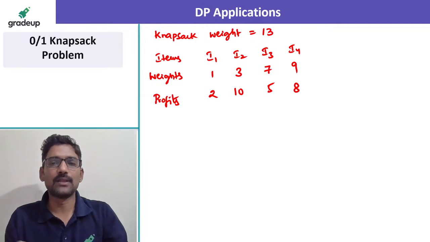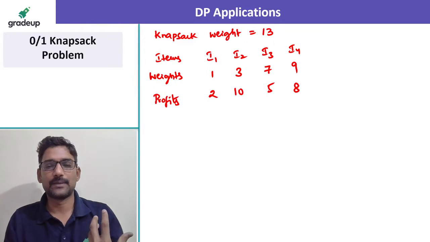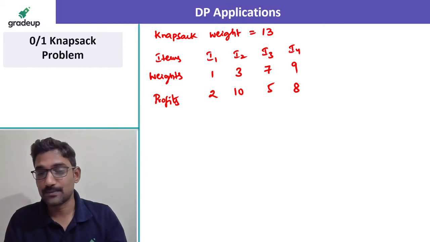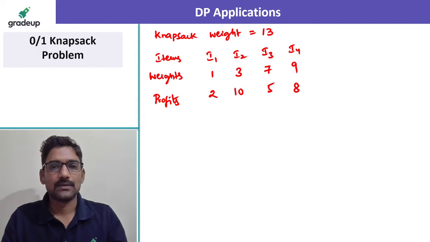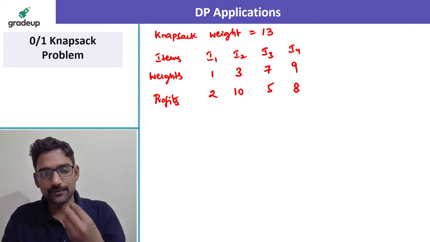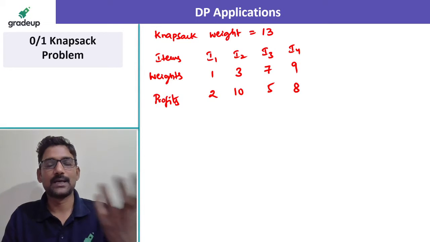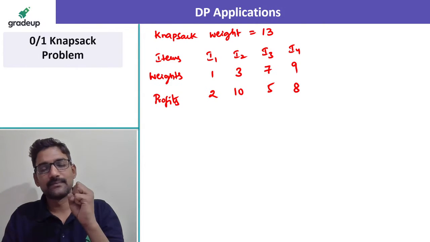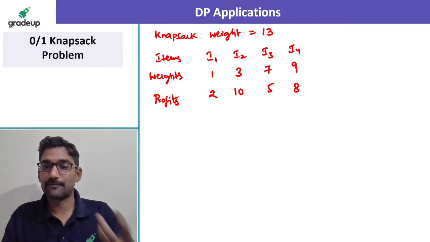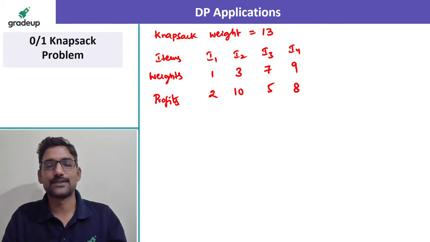Like that we take all the combinations, and among them we pick the maximum profitable combination. But it takes more time. Just for 4 items there are many combinations. If I give you 100 items with corresponding weights and profits, picking the perfect combination is definitely a time-consuming process.